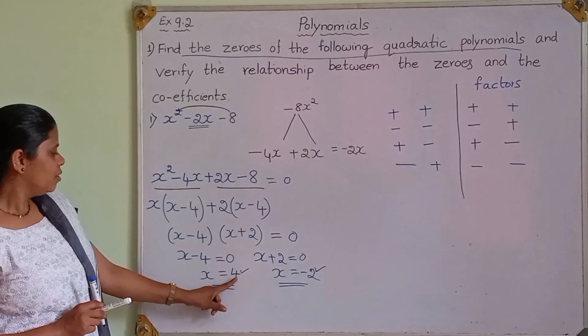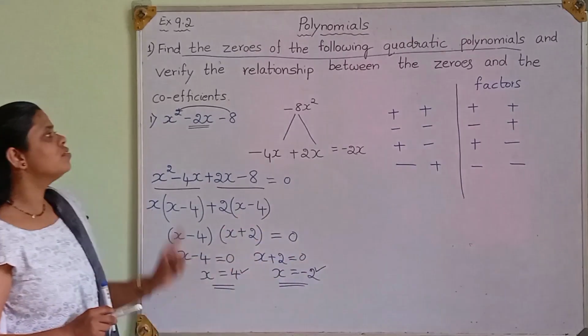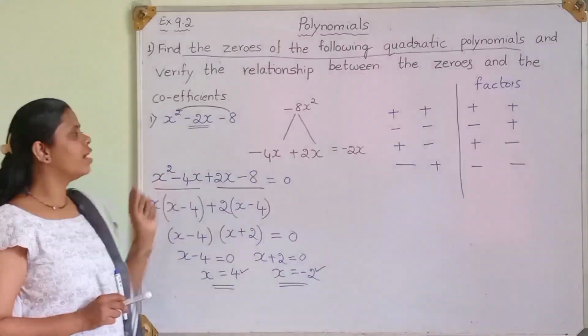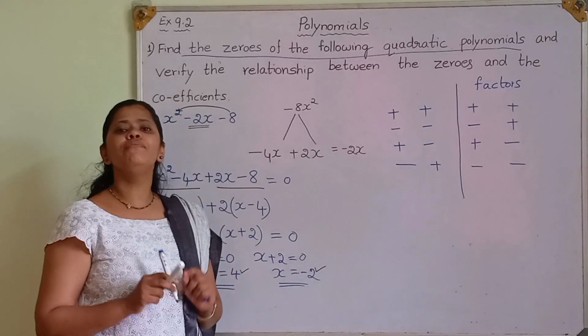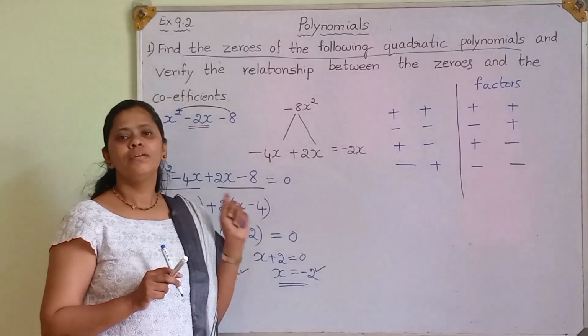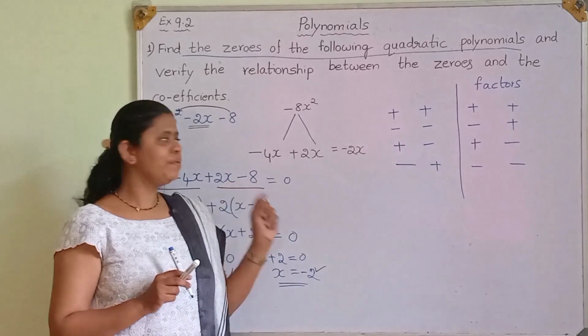I already told you, these are the zeros of the polynomial of the quadratic equation. Then by using which symbol will we represent them? By using alpha and beta.